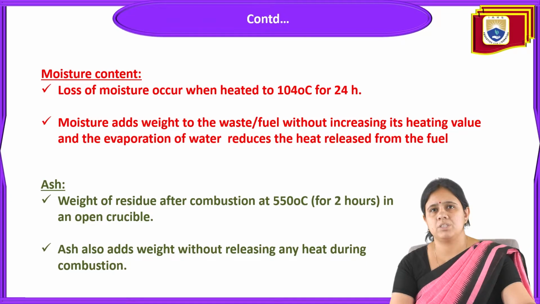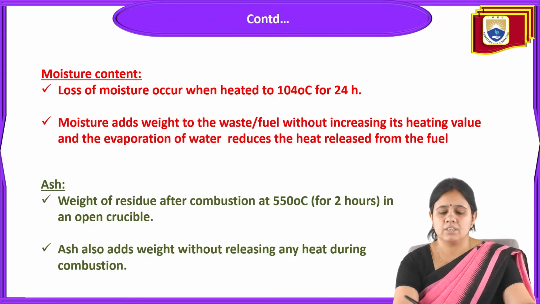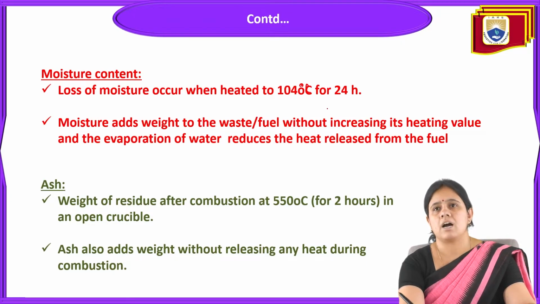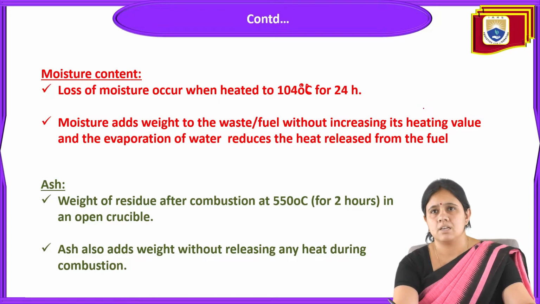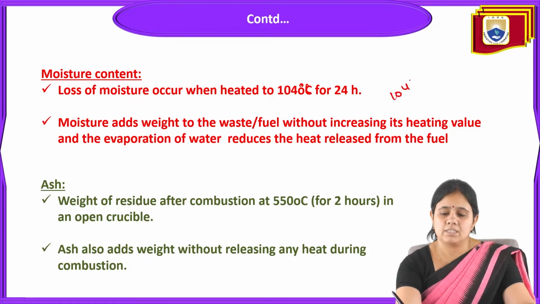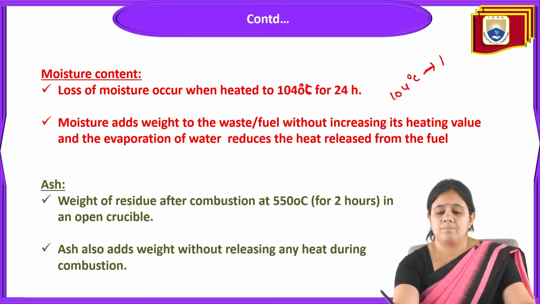First of all is the moisture content. Loss of moisture occurs up to 104 degrees Celsius. When you give a temperature of 104 degrees Celsius for approximately 24 hours, like one day, then the moisture loss will occur.